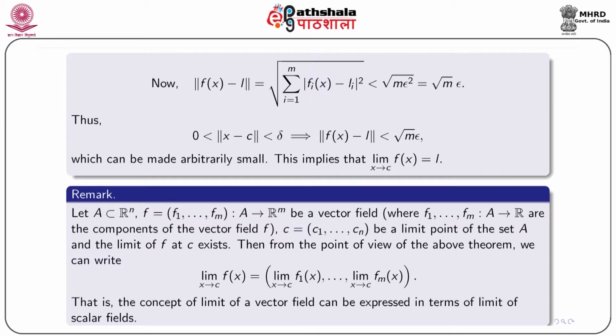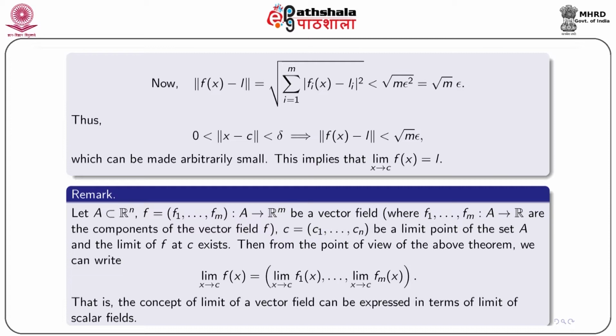Now, norm of f(x) minus L equals the non-negative square root of summation i equals 1 to m of modulus of f_i(x) minus L_i squared, and this is less than the square root of m epsilon square, that is, square root of m epsilon. Now, epsilon is an arbitrarily assigned positive quantity and square root of m is a fixed quantity.